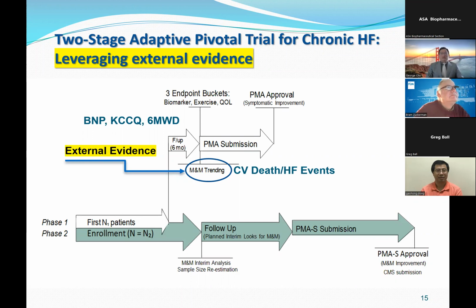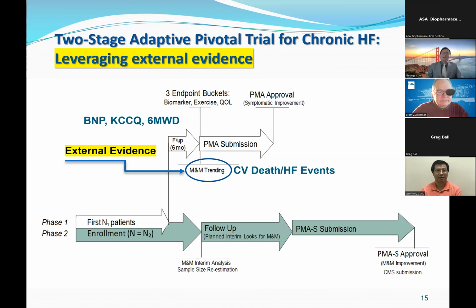So we try to build a Bayesian predictive probability to project how likely, at the end of the whole trial with a larger sample size and longer follow-up, we are going to have a statistical win on the CV deaths and HF events, by utilizing the correlation between the intermediate endpoint and the hard endpoint.